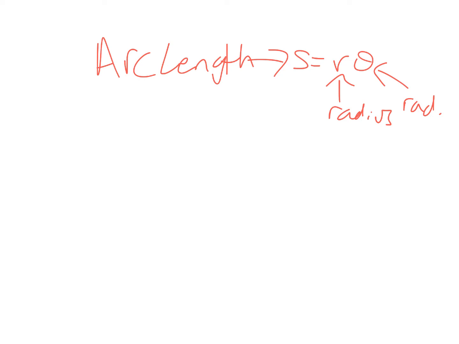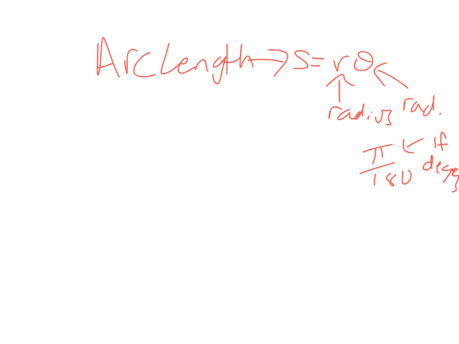Now, if you're given degrees, you're going to need to multiply by pi over 180 first. If any of your givens are in degrees, pi over 180 is included in this arc length. If not, then just go and plug away.